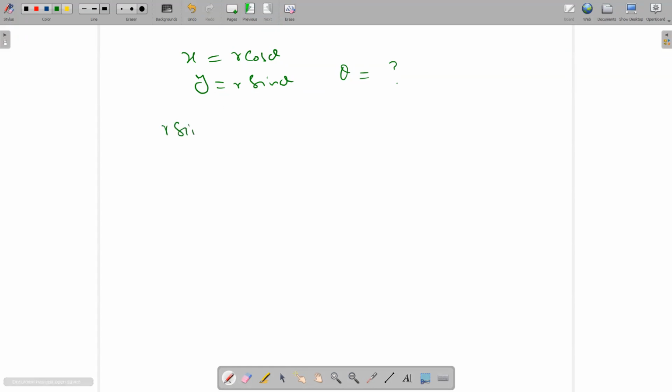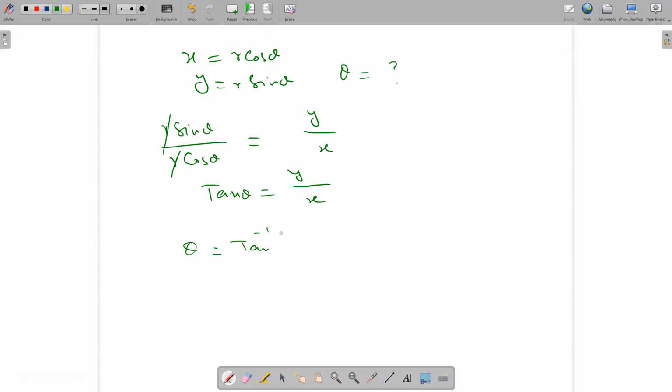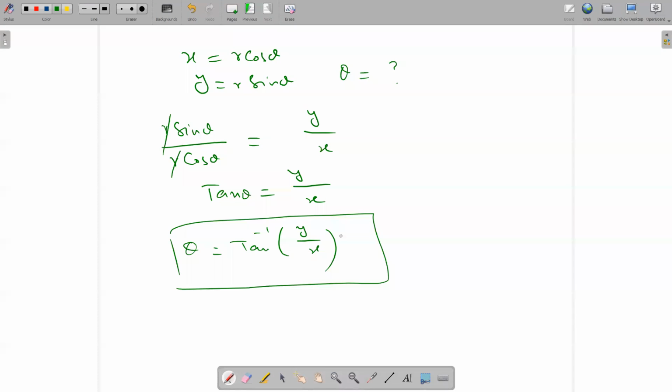So r sine theta divided by r cosine theta is equal to y over x. If you cancel this r, then sine theta over cosine theta is equal to tan theta, and this is equal to y over x. And theta is equal to tan inverse of y over x. This is the formula we will use to find the value of theta if both y and x values are positive.